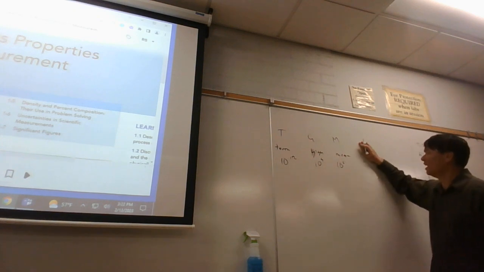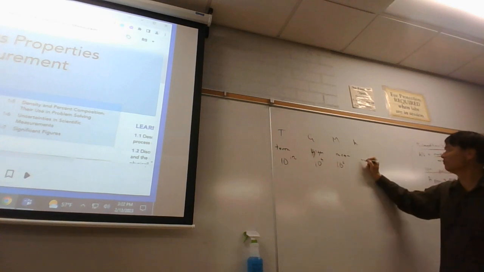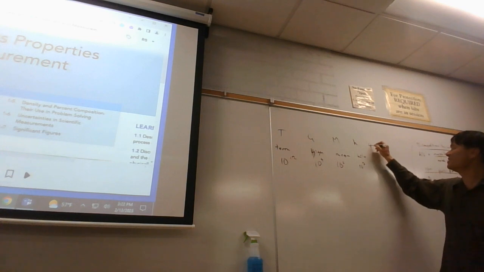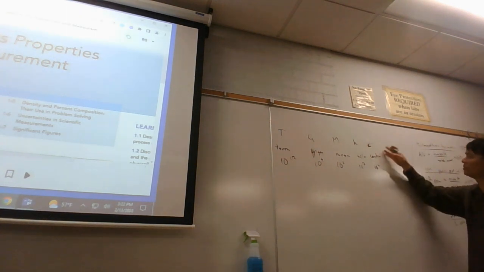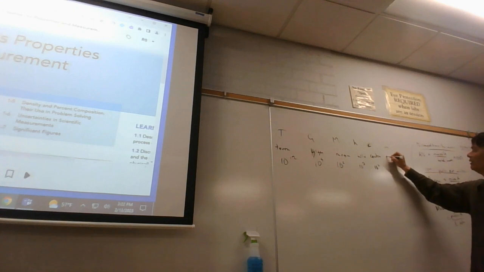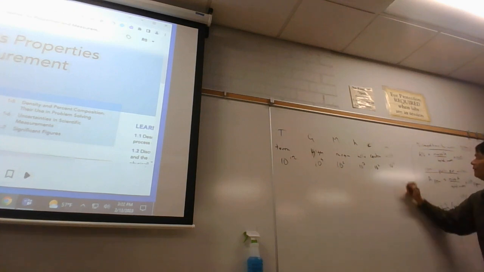Mega. And then kilo is going to be 10 to the 3rd. And then centi is a little bit out. Centi is 10 squared, 100. And then we'll go small. We'll go milli. Milli is 10 to the minus 3.